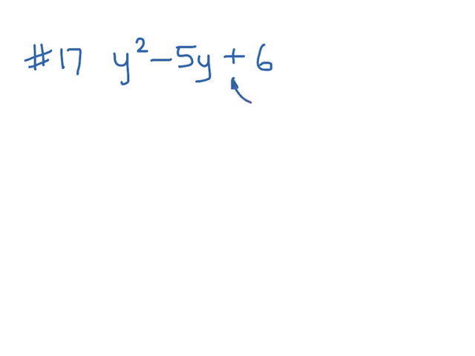Okay, so let's take a look at another example. Let's take a look at number 17. Okay, so we have y squared minus 5y plus 6. Again, we look at the constant, and since it's positive, it means we have the same signs for our factors.